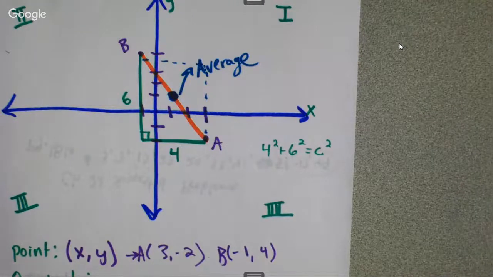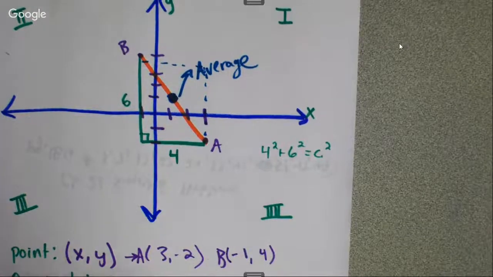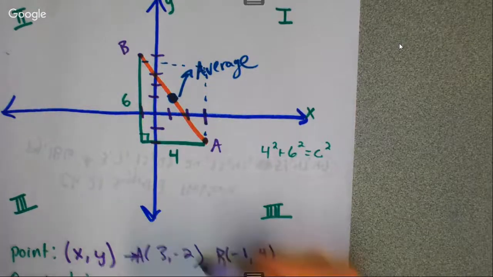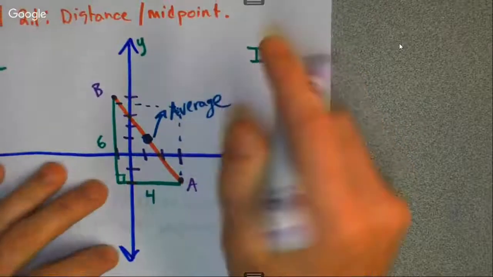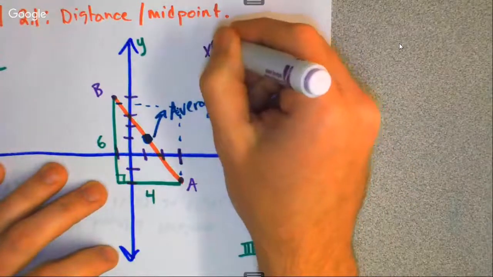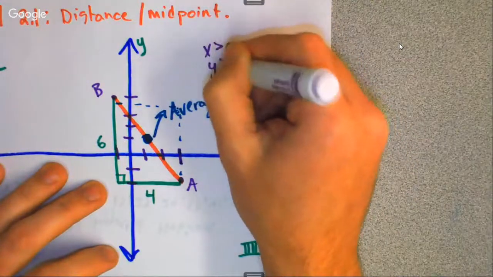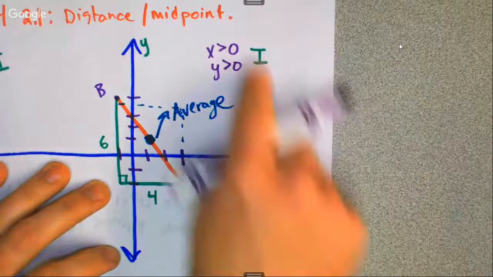We're going to want to be able to do that with different numbers. We could have radicals, decimals, fractions, all sorts of things with that. Let's real quick talk about some domain and ranges here. In quadrant 1, x is bigger than 0 and y is bigger than 0, so they're all positive in this quadrant.